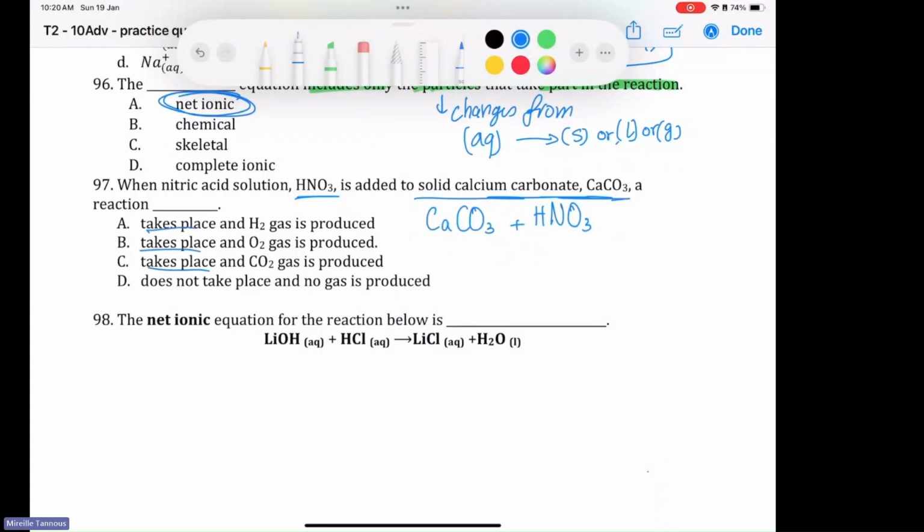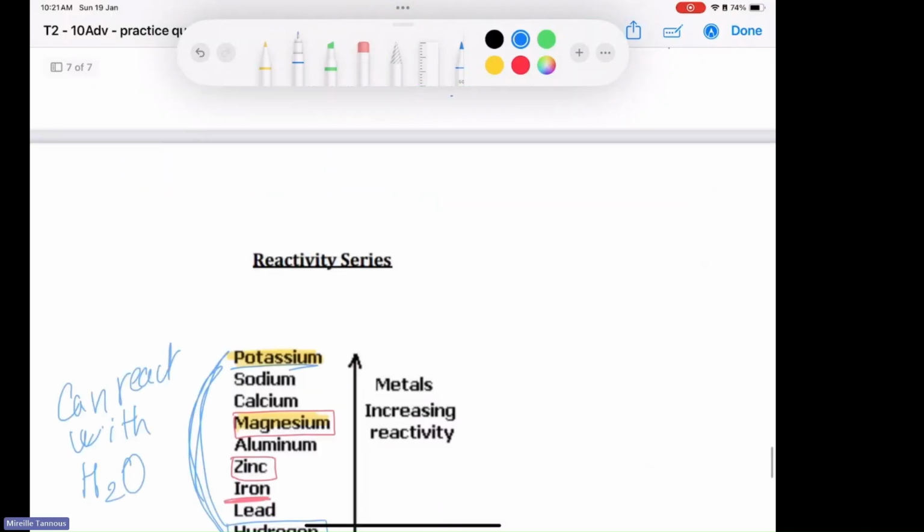Definitely a reaction takes place, but in a reaction of acid with calcium carbonate, we obtain one gas and one liquid. This is the only reaction where I get gas and liquid together.